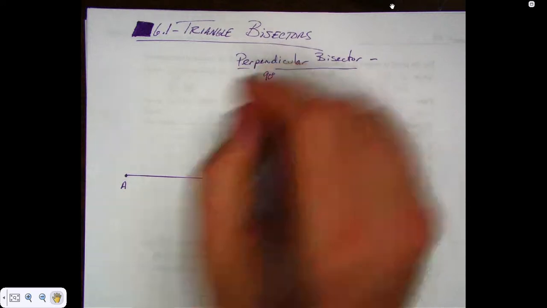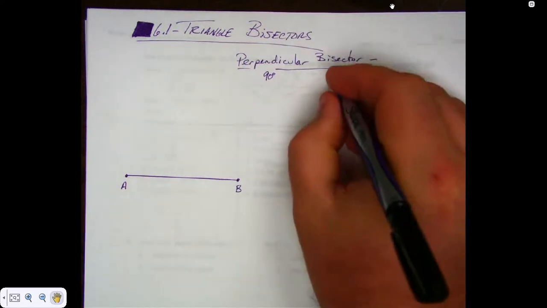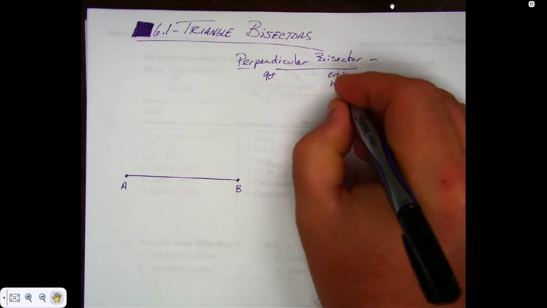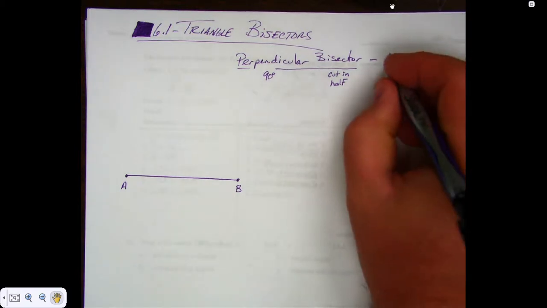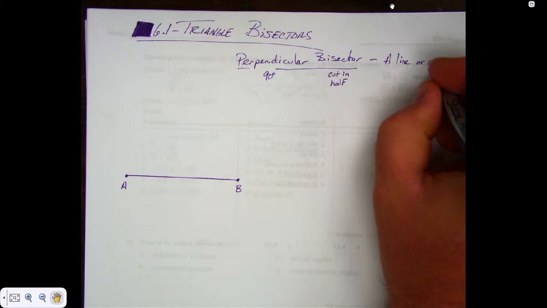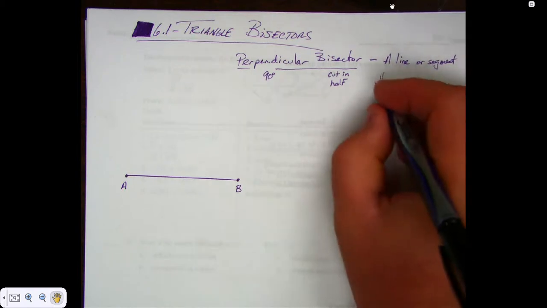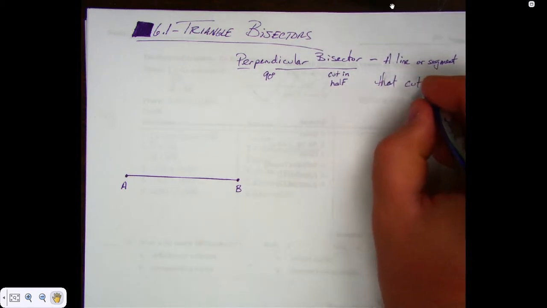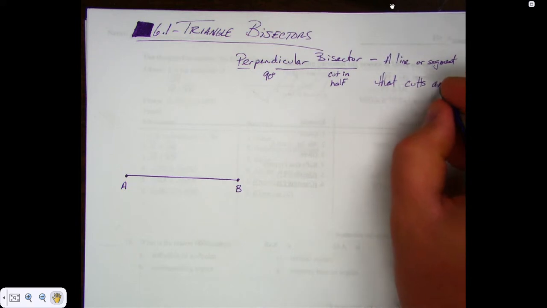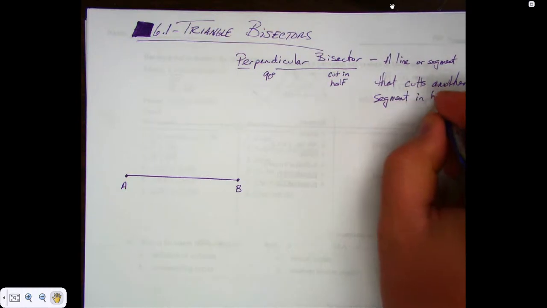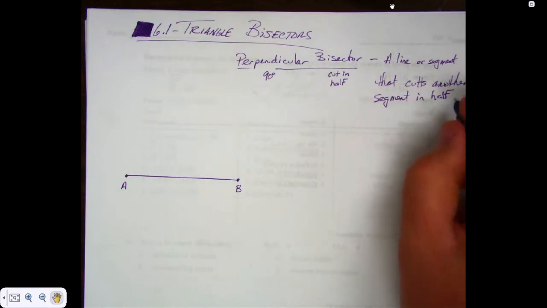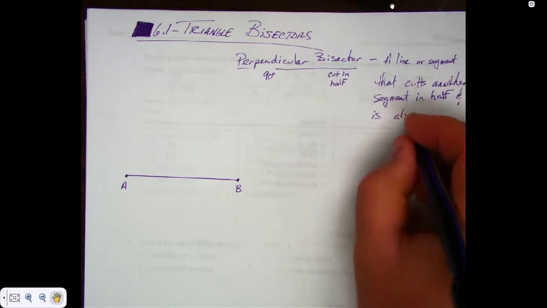Perpendicular means intersect to form a 90-degree angle. What does bisector mean? Cut in what? Half? Okay. So if I was to describe what a perpendicular bisector was, let's define it. It's a line or segment that cuts another segment in half and is also what?